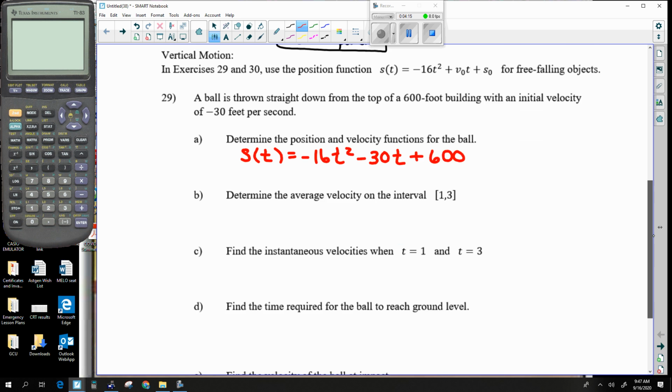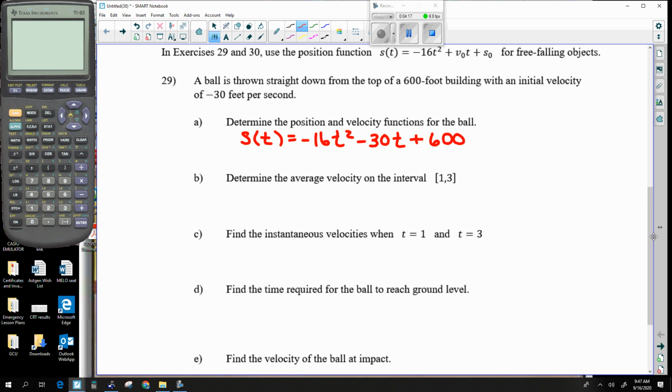So that is the position function, and then the velocity is the derivative of that. So that's negative 32t minus 30. Okay, so that is position and velocity. Determine the average velocity.